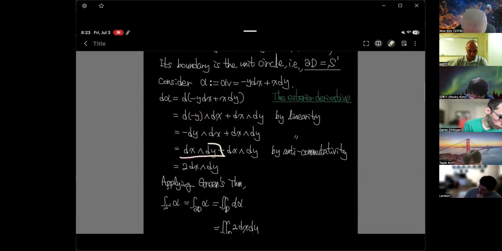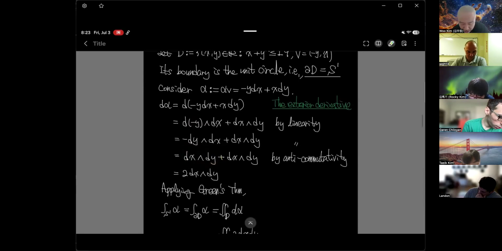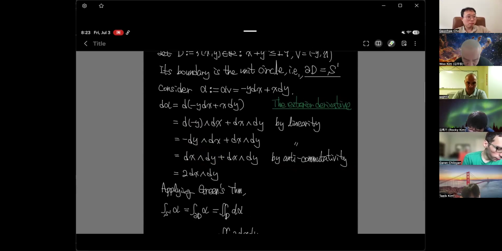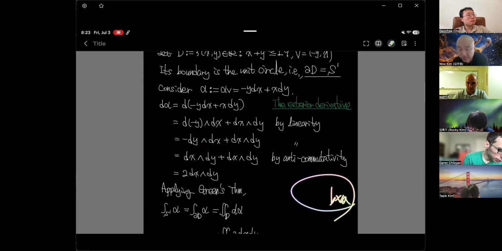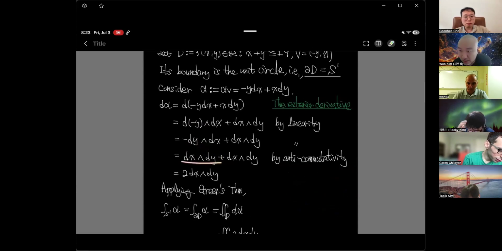So this part is very important. This is the property of the wedge product: anti-commutativity, or anti-symmetry, which means we can't just commute. Like dy times dx is not going to be the same as, if we just think of some numbers, a times b and b times a, which are commutative, but not the wedge product.